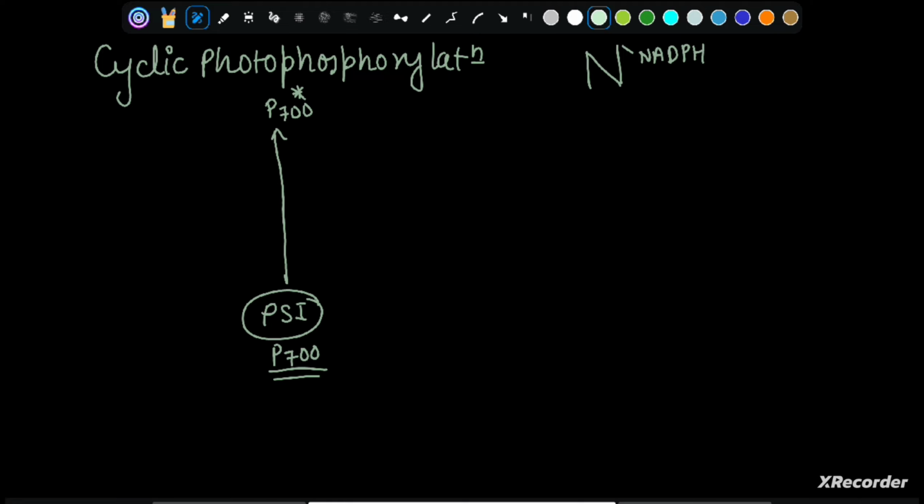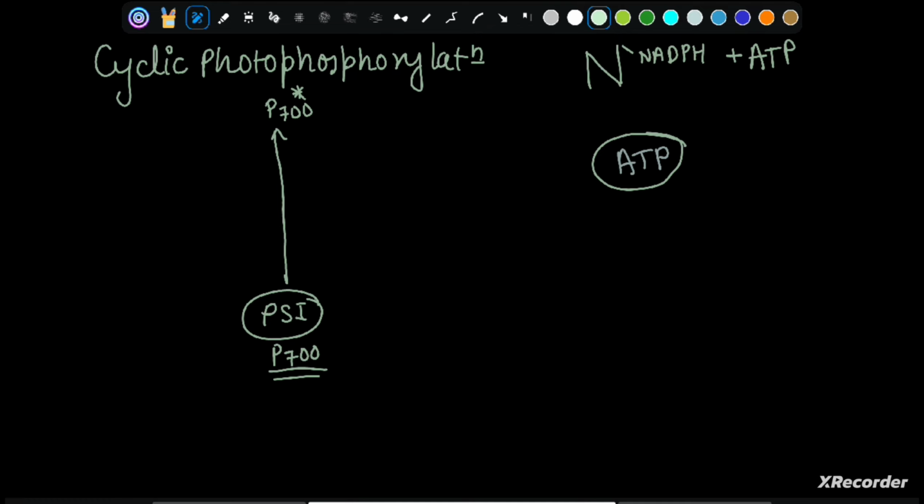And in cyclic photophosphorylation, solely just ATPs are formed, while in non-cyclic photophosphorylation we also saw that along with the NADPH, the proton gradient that was forming in the lumen was responsible for the formation of ATPs. But here only the ATPs will be formed in the cyclic photophosphorylation.